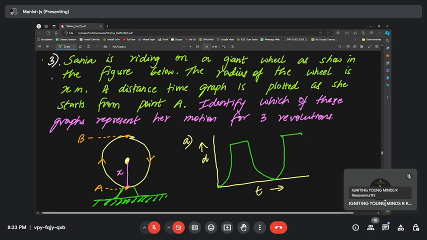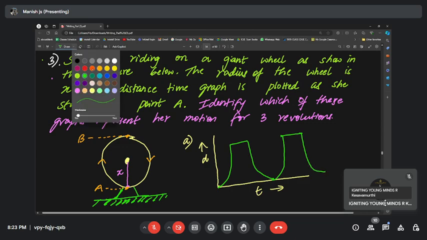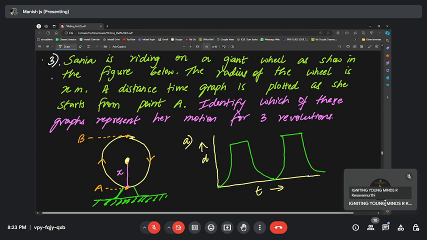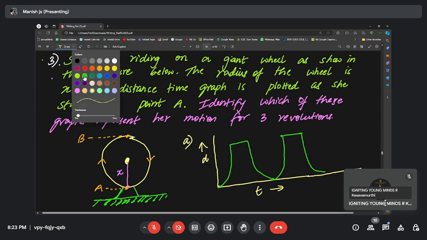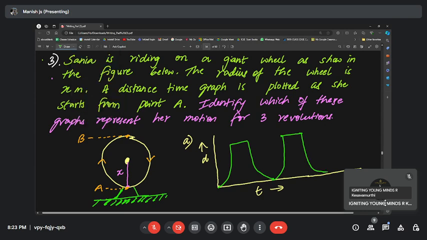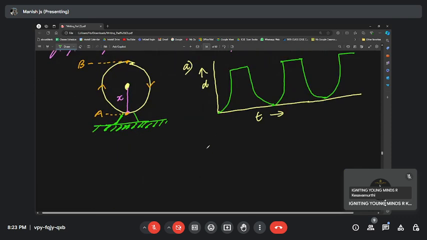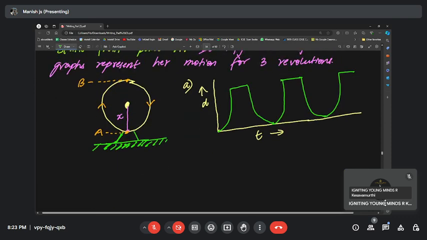So you have a graph like this. This is the first graph.